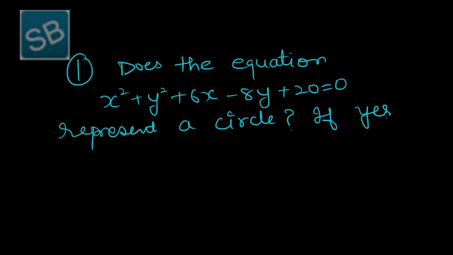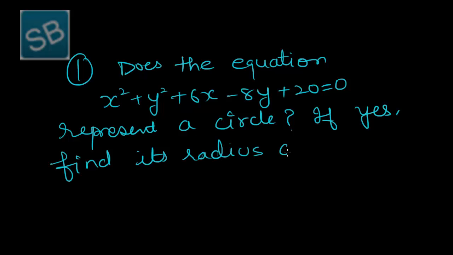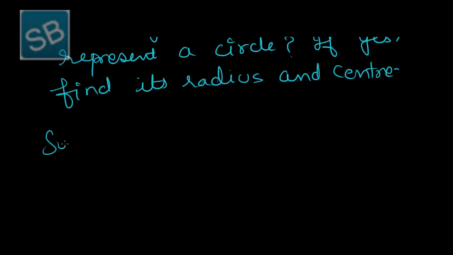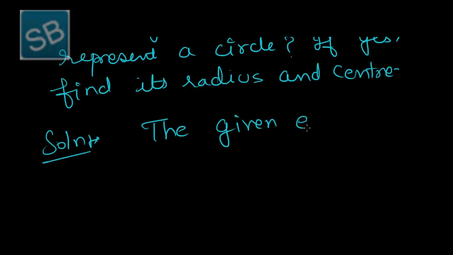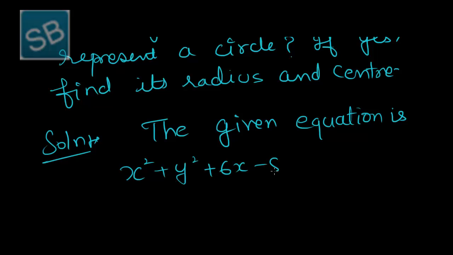If yes, find its radius and center. Now the solution is, the given equation is x square plus y square plus 6x minus 8y plus 20 is equal to 0.